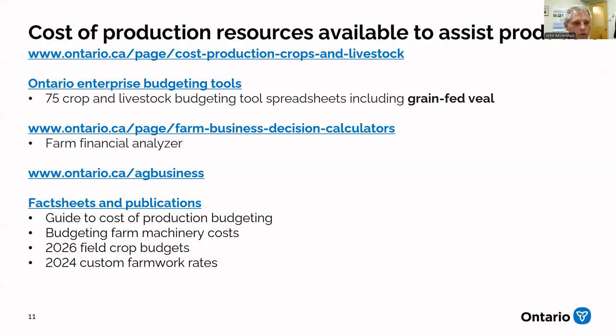We also will look at that farm financial analyzer, but we've got other publications and data, like the custom rates, that can help put together and inform some of the costs that you're putting together for your operation. So we've got those tools and resources available to you.